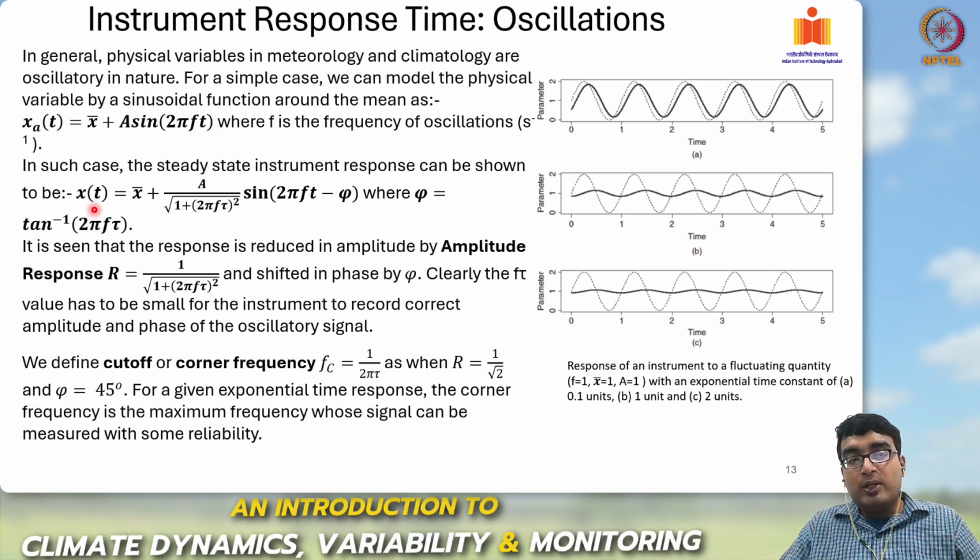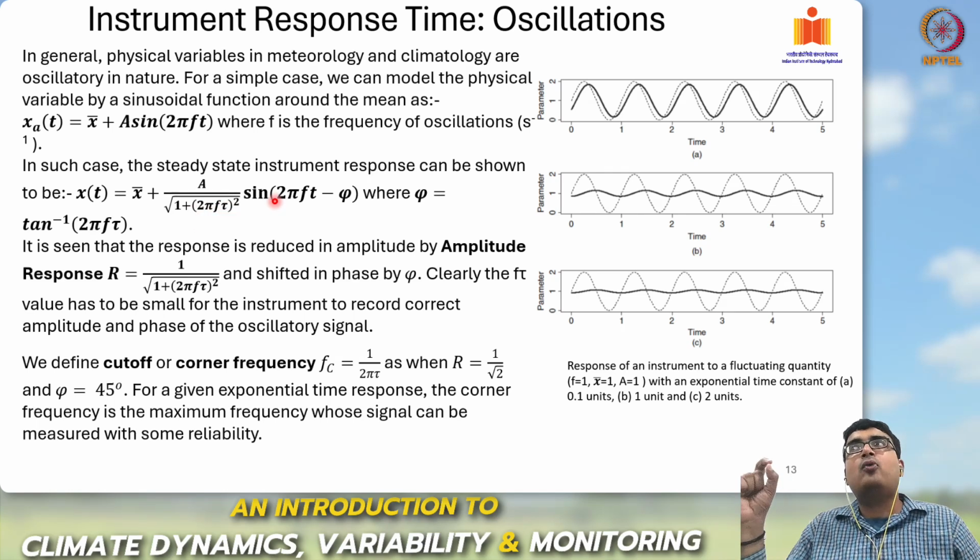The instrument response x(t) is equal to x bar, again the actual mean, plus A by root over 1 plus (2 pi f tau) whole square. Remember, tau is the time response. So the amplitude is lower. It's lower by root over 1 plus (2 pi f tau) whole square.